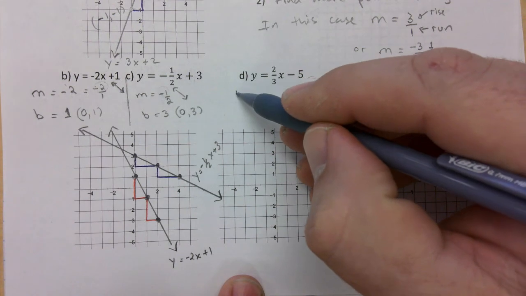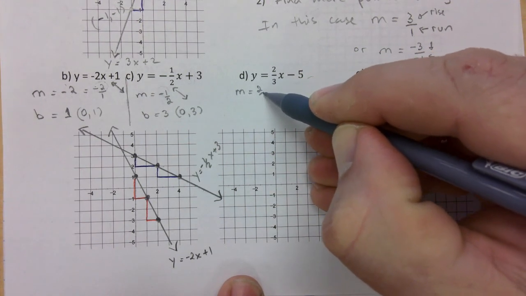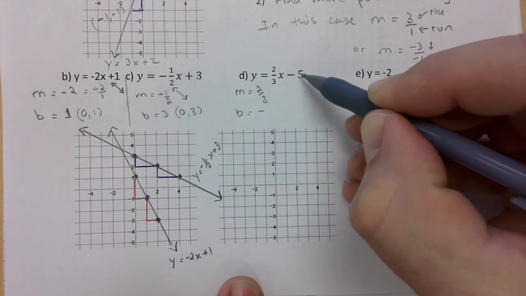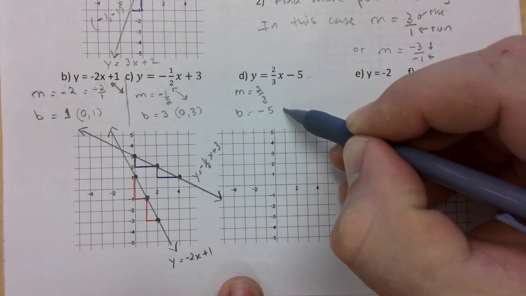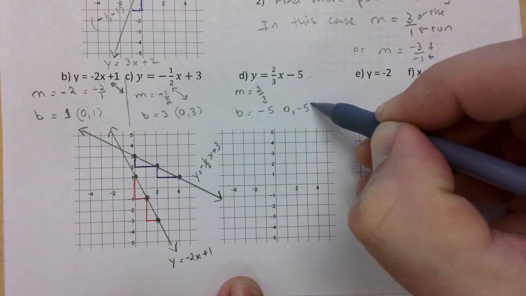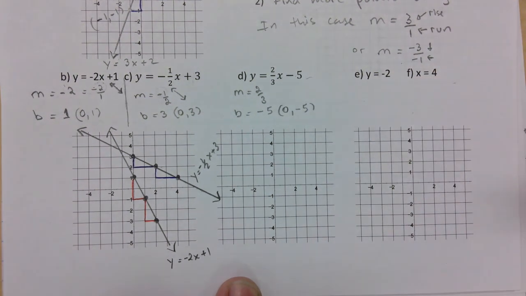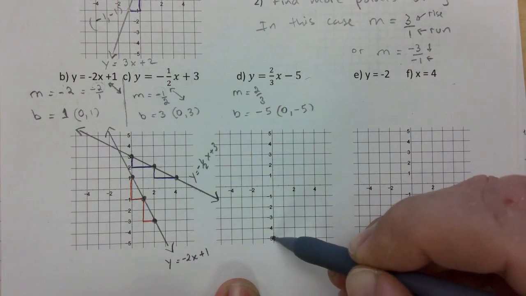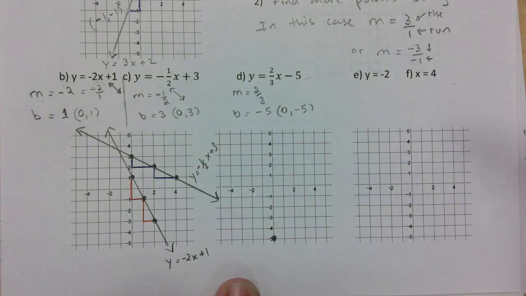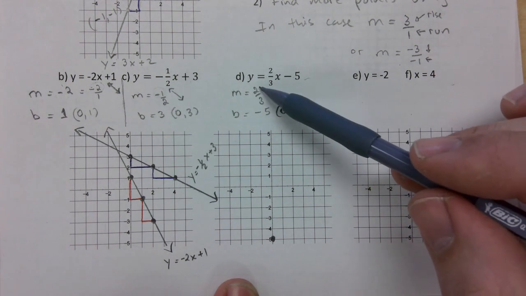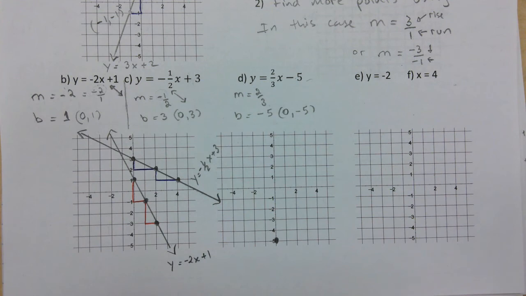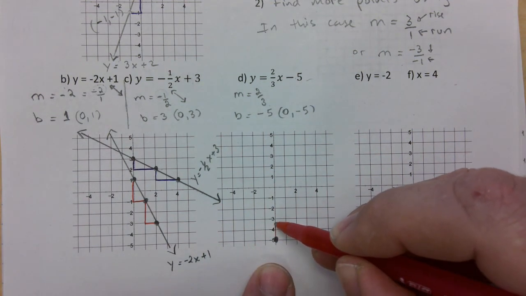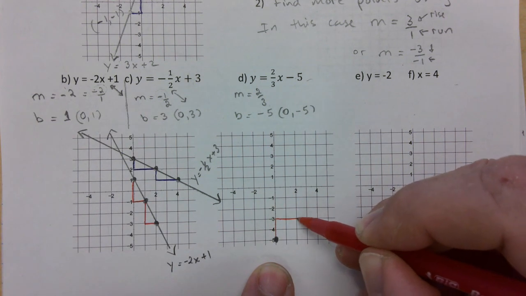So this one here, my slope is 2/3. And b is equal to -5, right? So my starting point is going to be 0, -5. So that's your starting point. You start there. Okay? And then you use your slope to find you more points. So let's go 2 units up, 3 over.